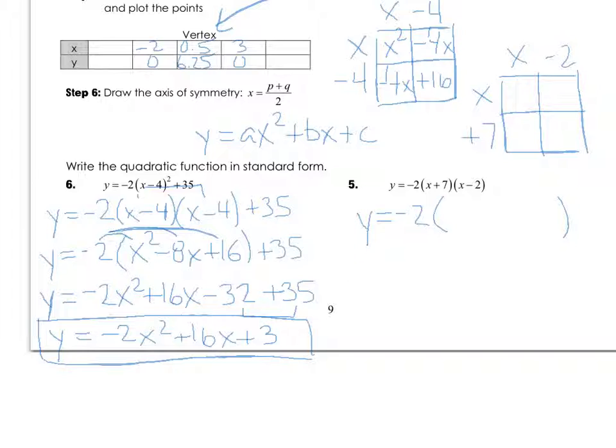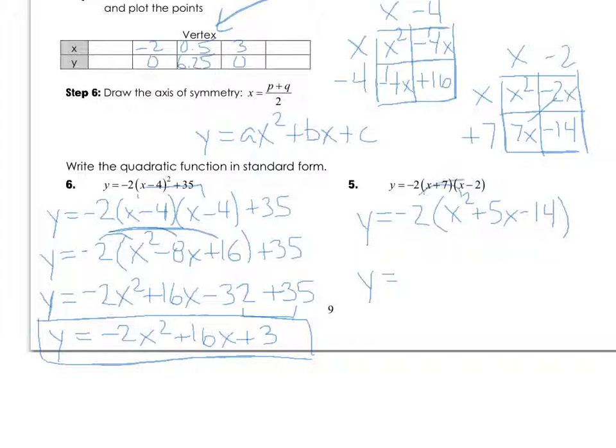The top left box is x times x, which is x squared. -2 times x is -2x. x times 7 is 7x. And 7 times -2 is -14. So my product is x squared plus 5x, by combining those two middle terms, and then minus 14.